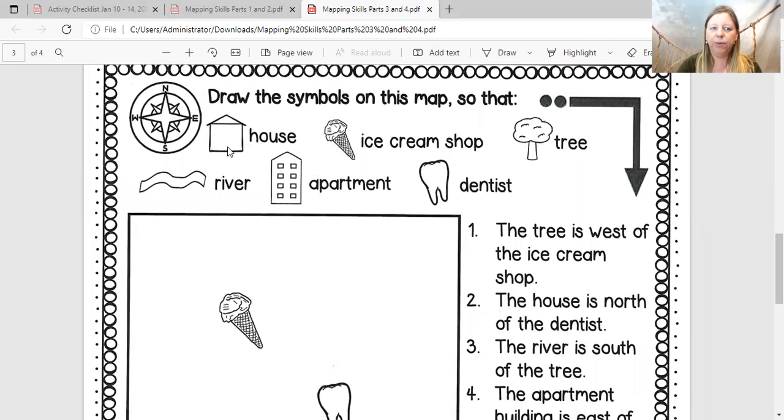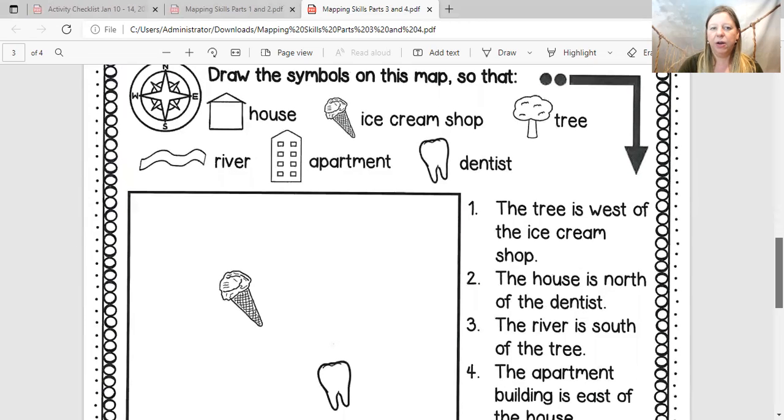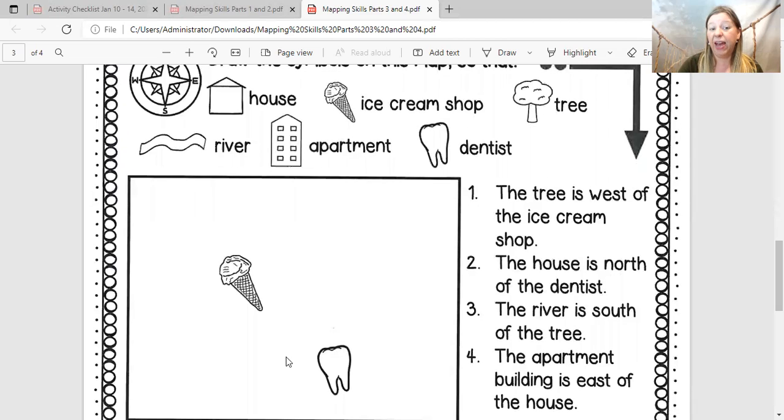The symbols that you will need are up on the top. This is the key on the top. And notice the compass rose. You need to make sure they have already started by drawing the symbol of ice cream shop and the symbol of dentist on the map.